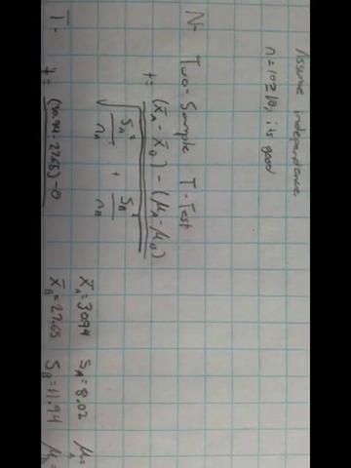So we have (x̄A minus x̄B) minus (μA minus μB), over the square root of the sample standard deviation of A squared over the sample size of A plus the sample standard deviation of B squared over the sample size of B.